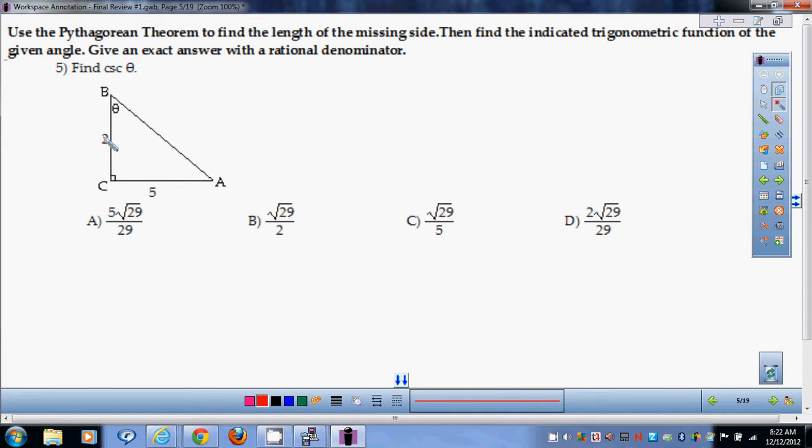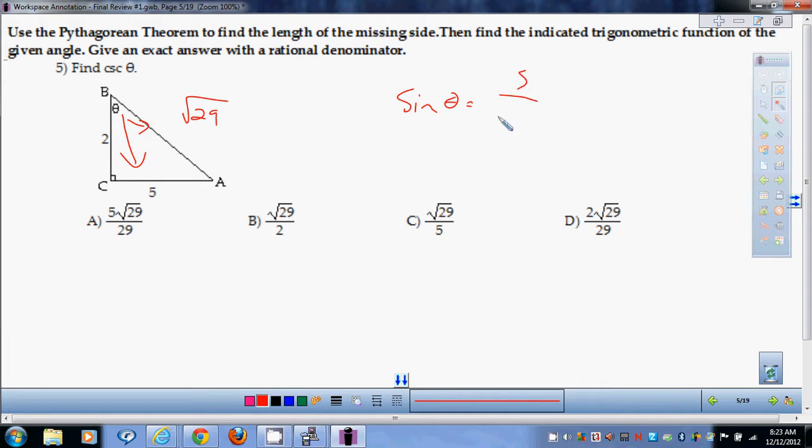Pythagorean theorem. A squared, b squared. I'm trusting by now you can do Pythagorean theorem, so I'm just going to skip that step. Now, cosecant of theta. What is cosecant the flip of? Sine. From our angle, what is sine? That's right. You're going to have to know your SOHCAHTOA. Sine is opposite over hypotenuse.